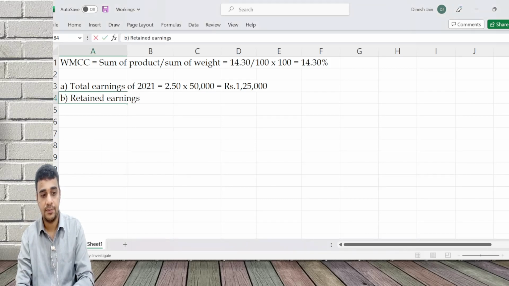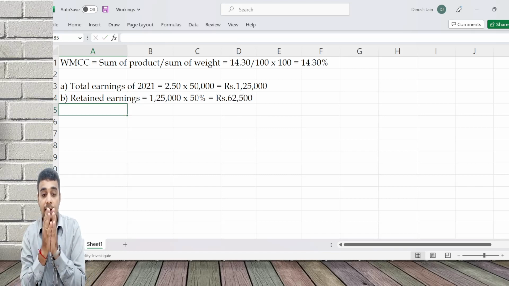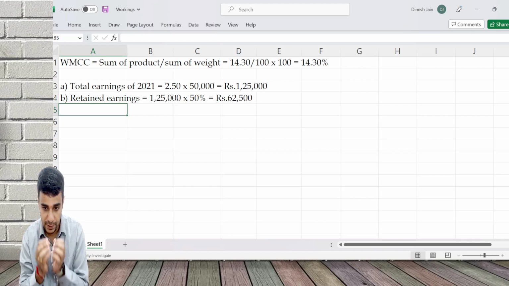Retained earnings: 1,25,000 into 50%, because we are retaining 50% and paying out the balance 50%, is 62,500. That is, I have 62,500 rupees of retained earnings.